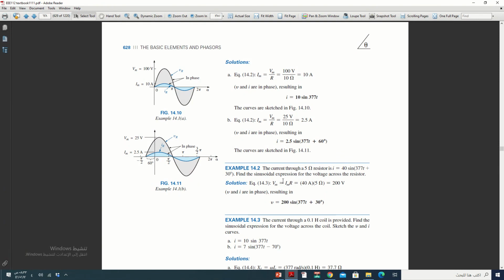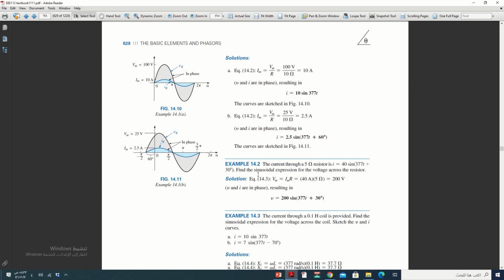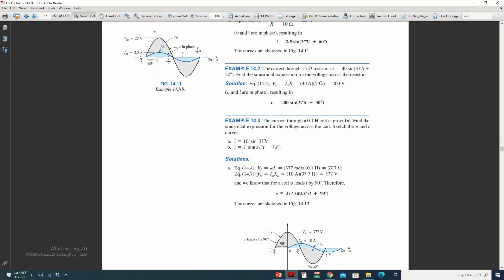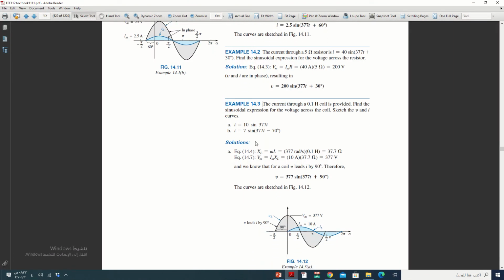You can try the other example, 14.2. Here is an example for the inductor, 14.3. The current through a 0.1 Henry coil, which is L, is provided.